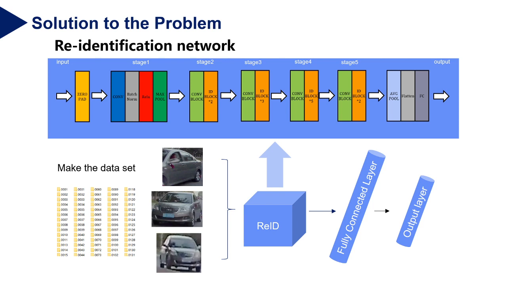The ReID network is trained with ResNet 50 as the backbone network. The number of output neurons in the last layer of the network is equal to the number of all video target types in the training set. In this test, the output of the fully connected layer is used as a feature vector of the target and is solved according to the Euclidean distance.